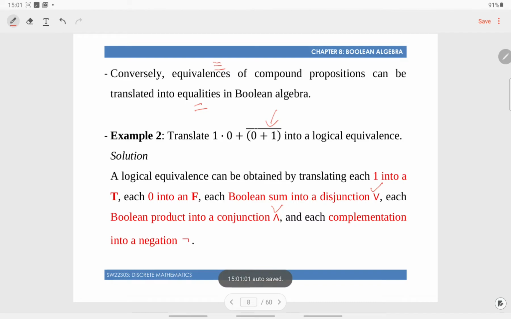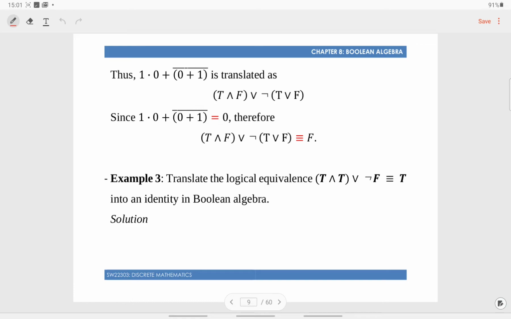And each complementation, the bar sign, into a negation sign. We change every operator to the corresponding logical operator.